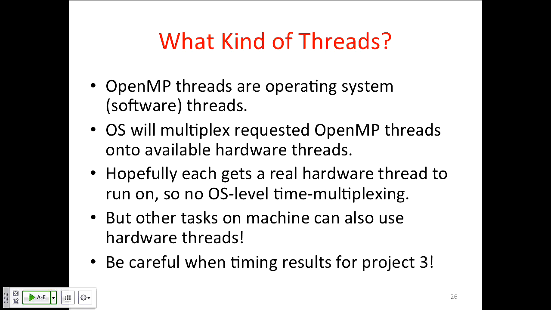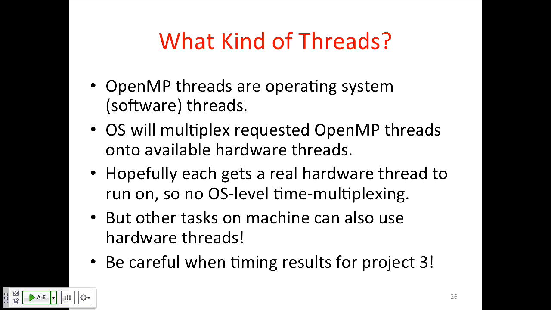So the number of hardware threads you actually are running on at any point in time is going to change. In the best case, if you ask for 16 hardware threads and nothing else is running, every software thread will get a hardware thread to run on. But in reality, there'll always be something going on in that machine, so you'll see less than ideal performance.